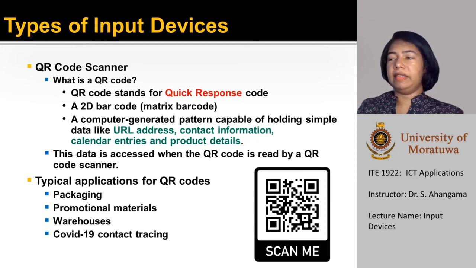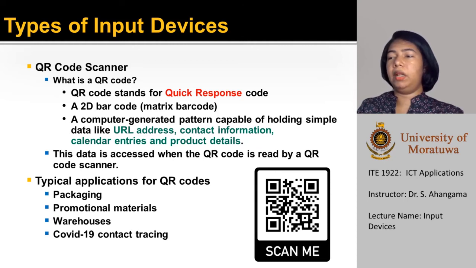Here, you can see an image of a QR code. If you have installed a QR code scanner in your mobile machine, you can take a photo of this one and see what it refers to. So this data is accessed when the QR code is read by a QR code scanner.